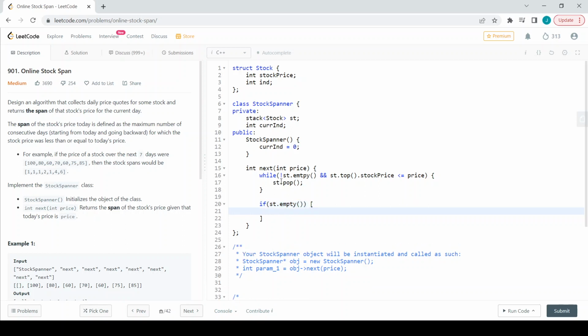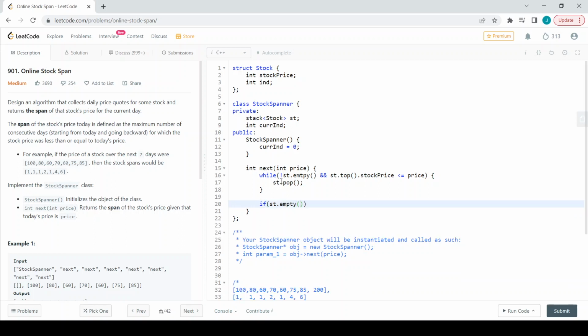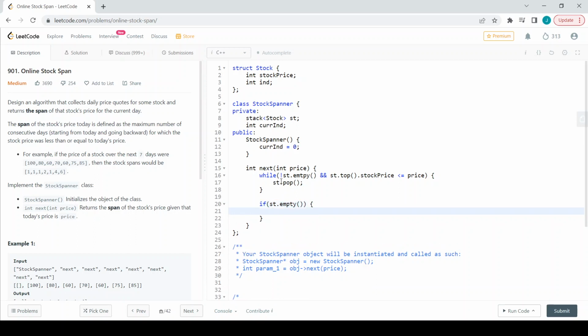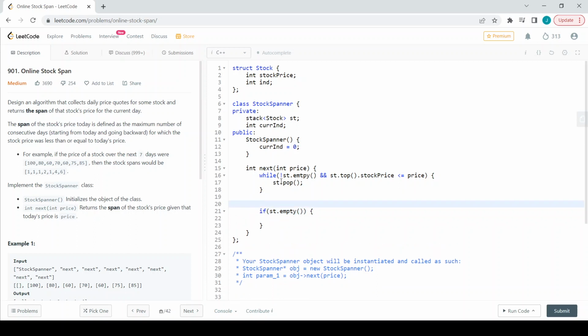If my stack is empty, I have an int answer, initially 0. If my stack is empty, then my answer is nothing but my current index plus 1.